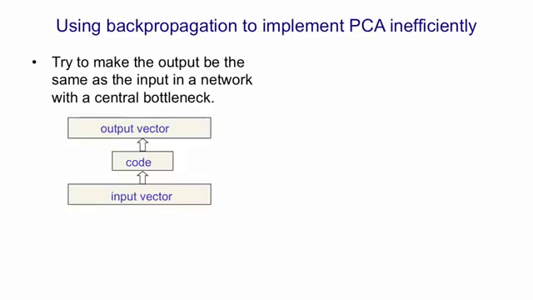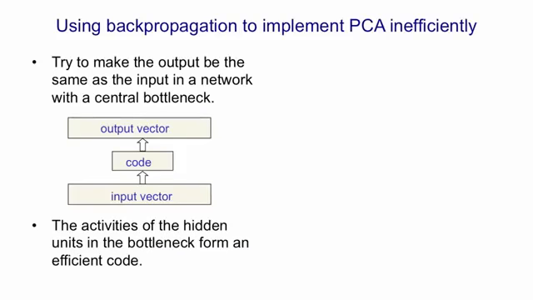So it looks like this. We have an input vector, we project that onto a code vector, and from the code vector we construct an output vector, and the aim is to make the output vector as similar as possible to the input vector. The activities of the hidden units in the code vector form a bottleneck, so the code vector is a compressed representation of the input vector.